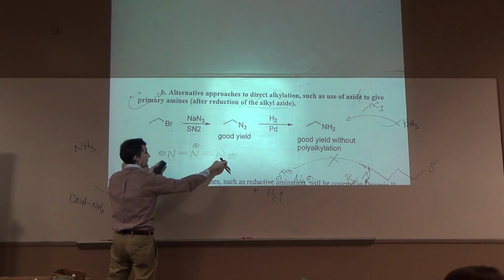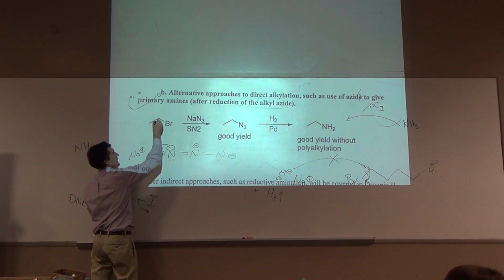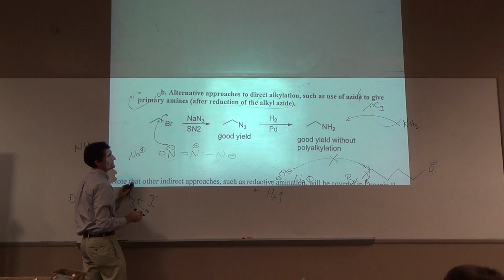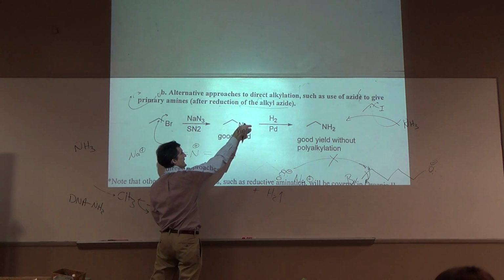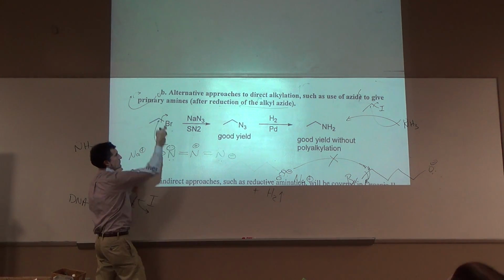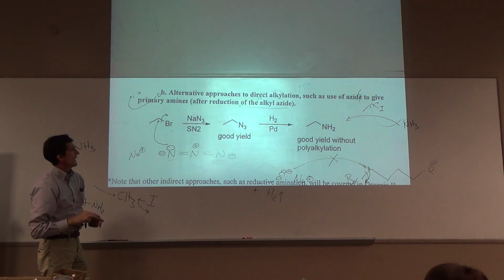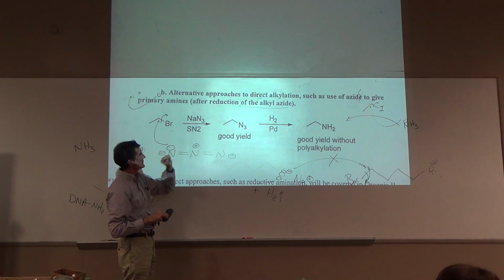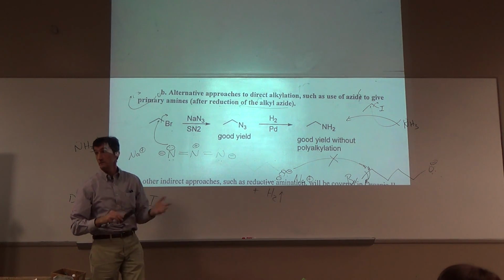One of the terminal nitrogens reacts. This kicks off the bromide. Now you get the N3 bonded to the carbon. That's just condensed down. This is now neutral once it bonds, and you have a plus and a minus nitrogen there. That can be made in good yield. This is just showing an example of azide being a good nucleophile.